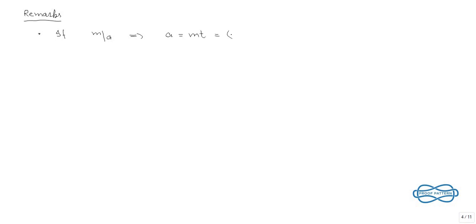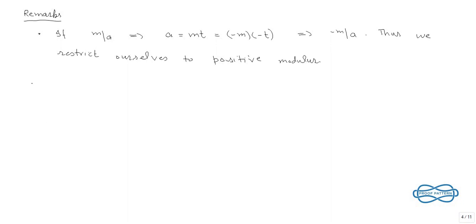Also we can write it as minus M times minus t, and this implies that minus M also divides A. Thus we restrict ourselves to positive modulars.